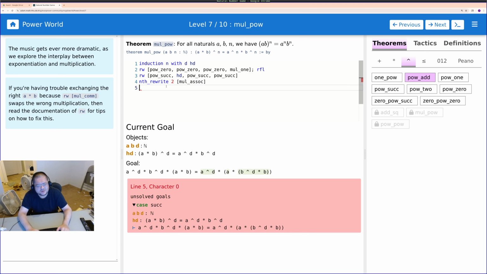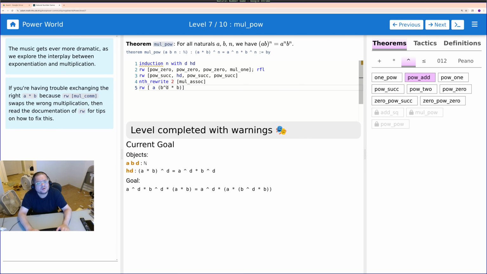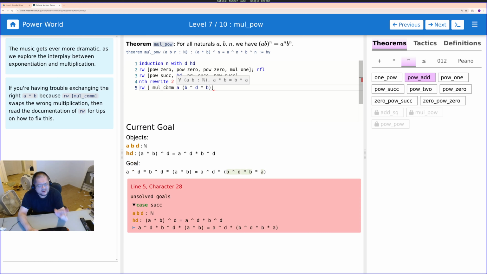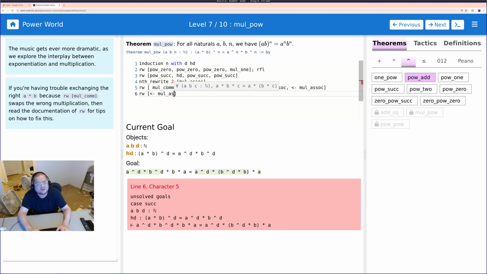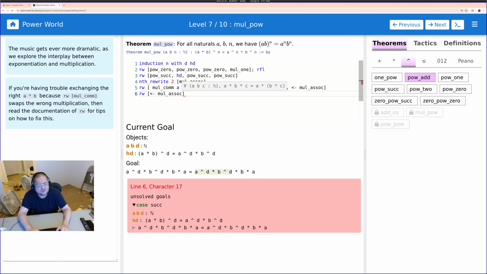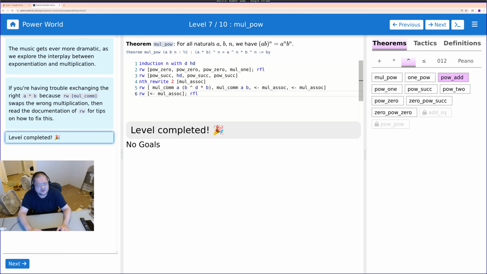Okay, and then we're going to do a rewrite of A to the D, A to the D, B to the D, B to the D. Now we have to flip the A and the B. Okay, now we just want to get rid of all the parentheses. Okay, and now I think we can finish. Great.